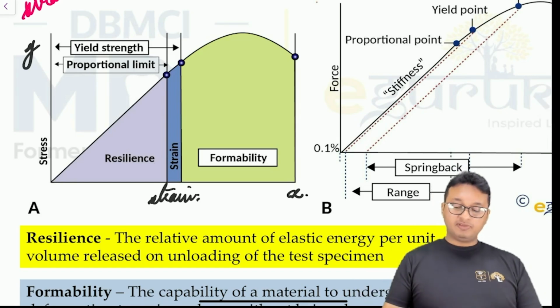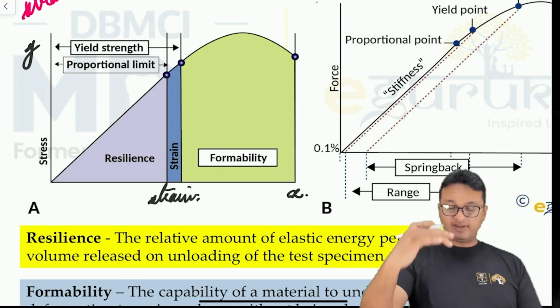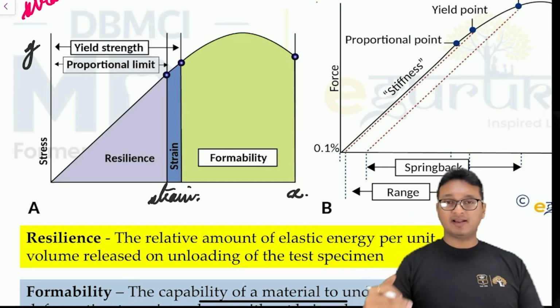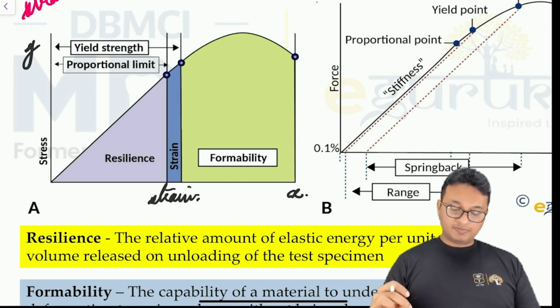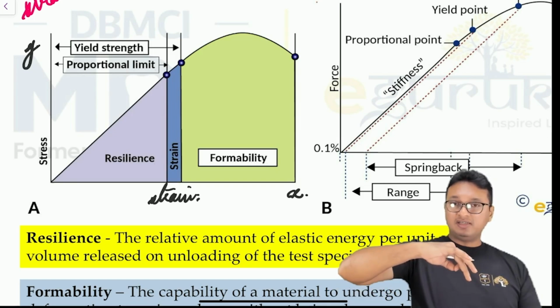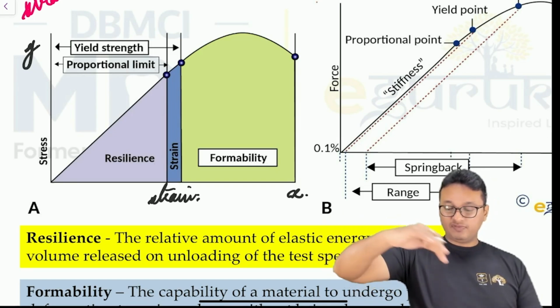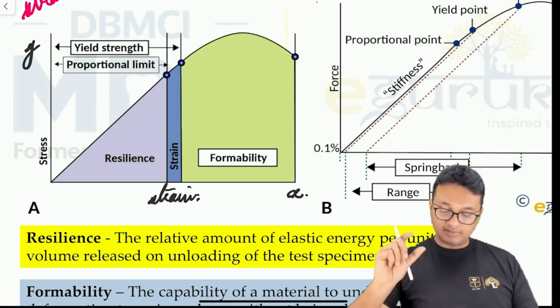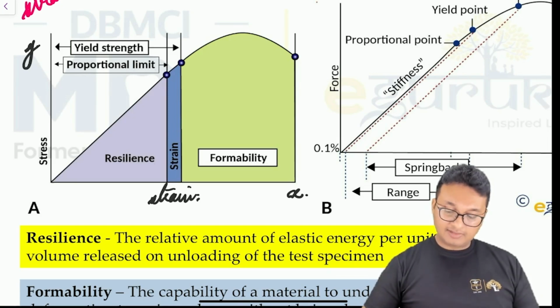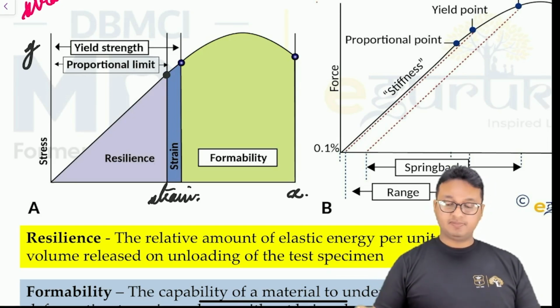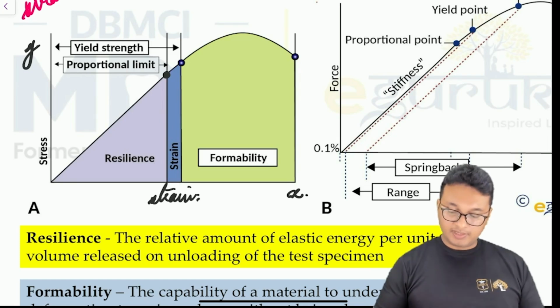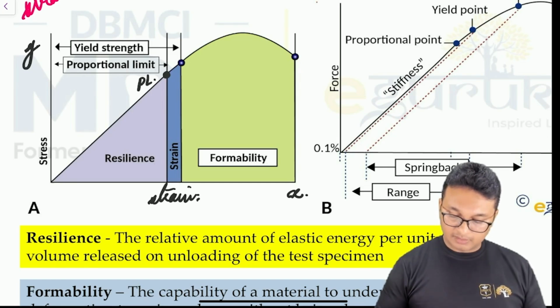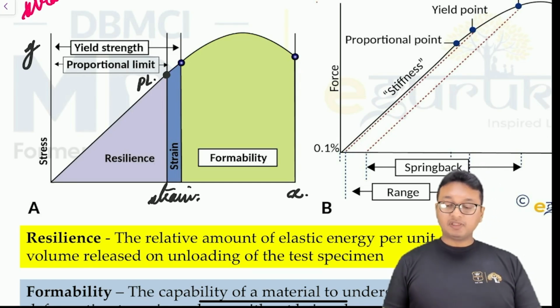Once you plot stress and strain on the x and y axes, you will observe that up to a certain limit the graph goes in a linear direction up to a certain point. That point is known as the proportional limit.